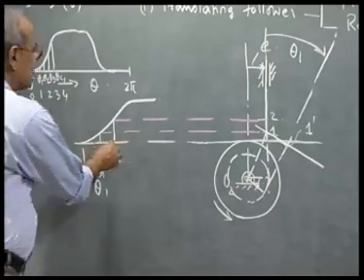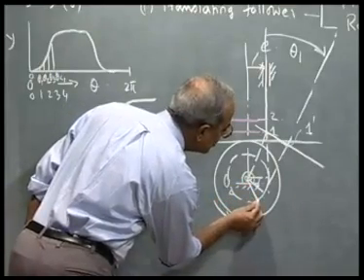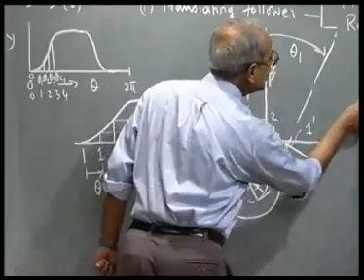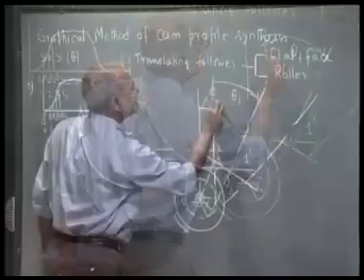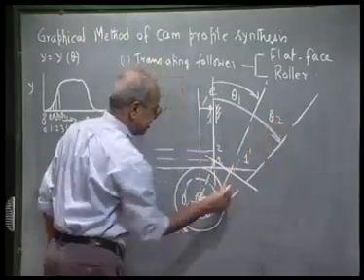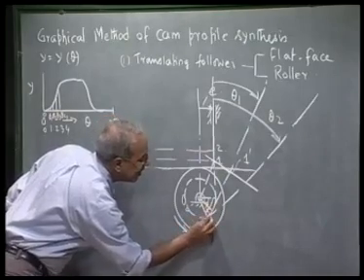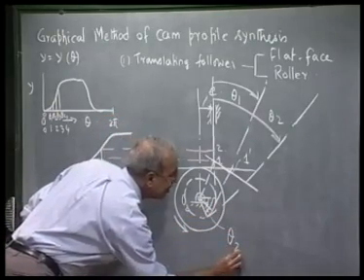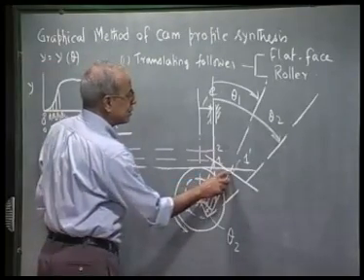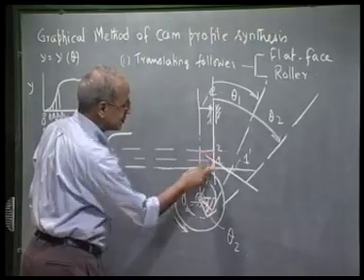Similarly, corresponding to station point 2, I rotate it by theta 2. And this particular point of the follower axis should be at this location, that is, so much distance from O2.